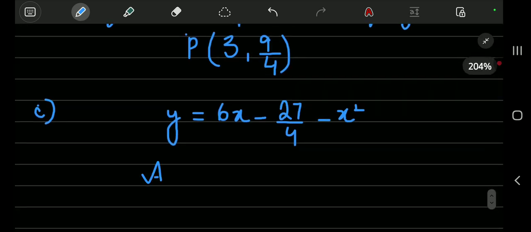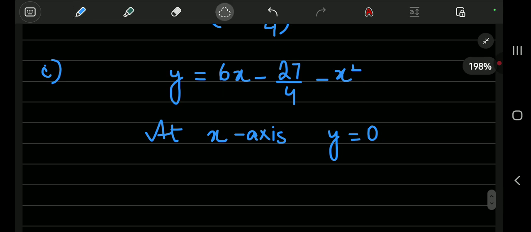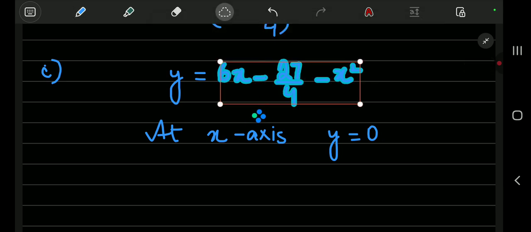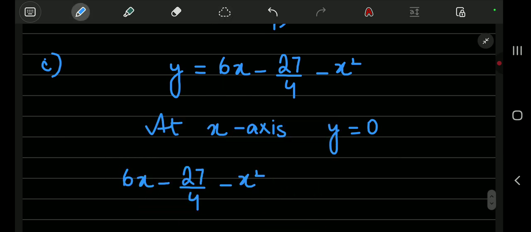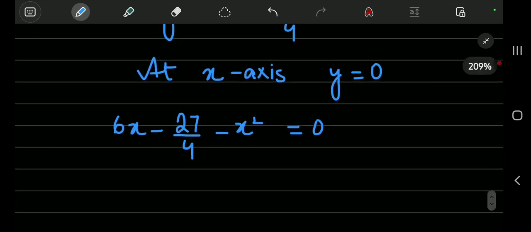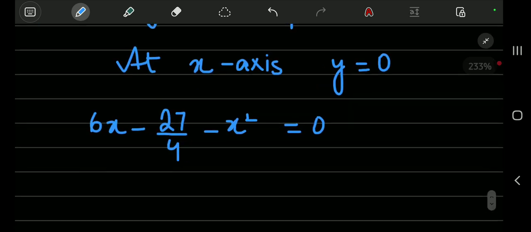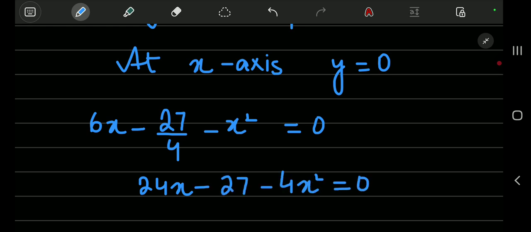So at the x-axis y equals 0, so this is equal to 0. Multiplying this whole equation by 4, we will get 24x minus 27 minus 4x square equals 0.